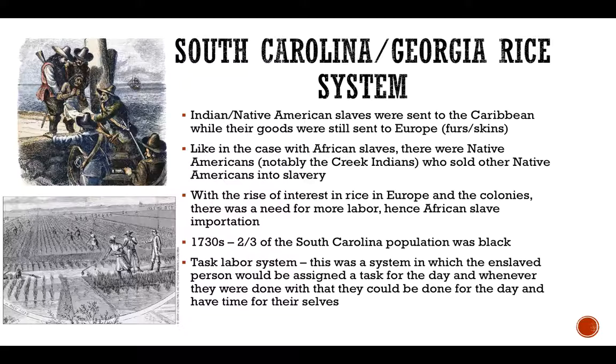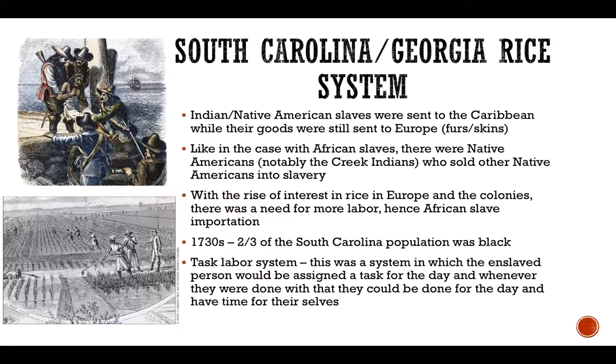One thing that was different about this system than the previous tobacco system that we were talking about was that there was the option for the task labor system. And this system worked in a way that the enslaved person would be assigned a task for the day, and whenever they were done with that, they could be done for the day and have time for themselves.